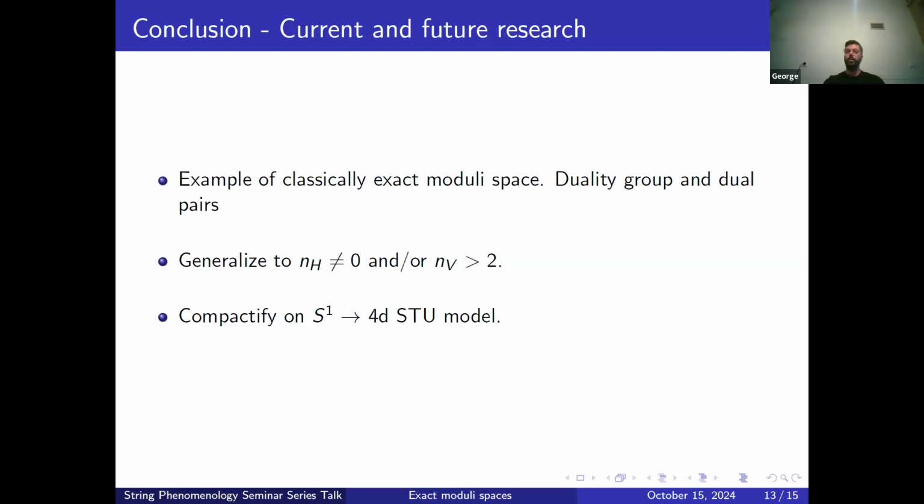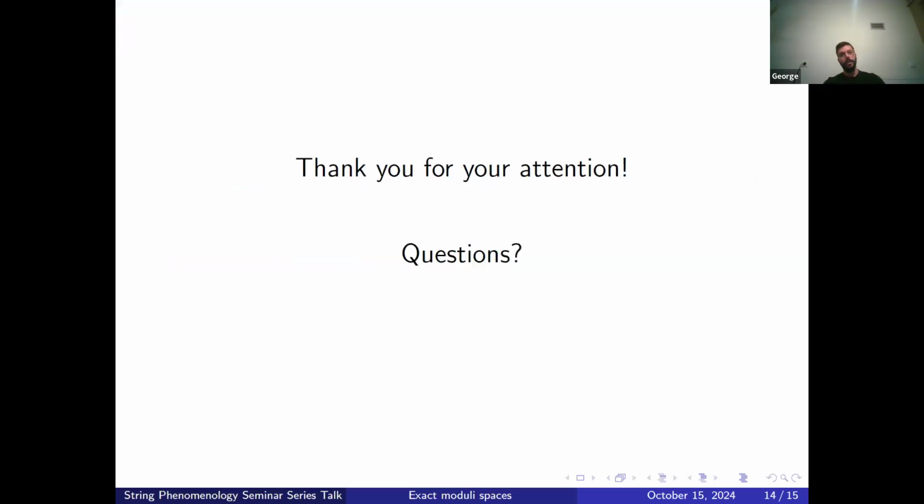For this case, we can show that the prepotential cannot be corrected by any polynomial terms, but there can be exponential terms in S, T and U that correct the prepotential. These are basically instanton corrections. But the nice thing that we also show is that if we take the limit back to 5 dimensions, all these instantons disappear. And so this verifies that indeed the 5-dimensional model admits no quantum corrections.